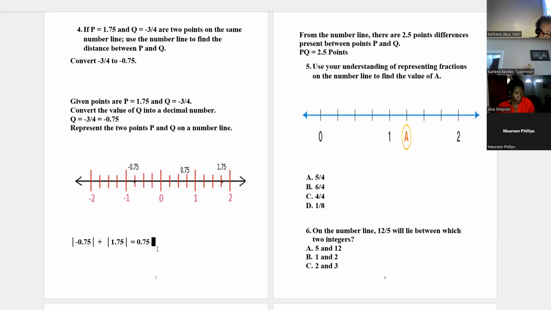Now let's go to the next one. What's the absolute value of 1.75? It's just a number between the two vertical lines, no signs.